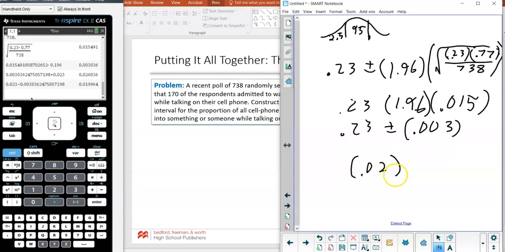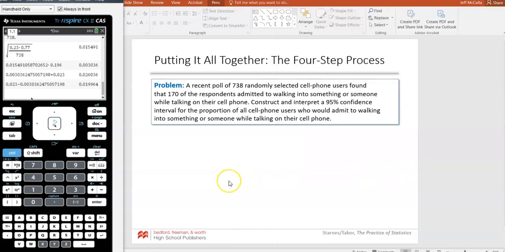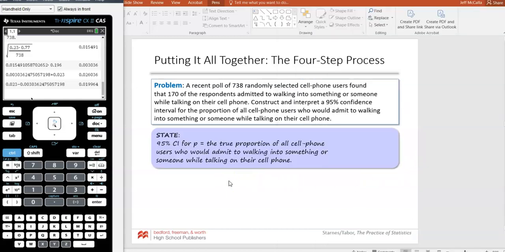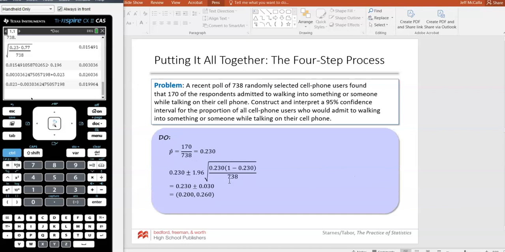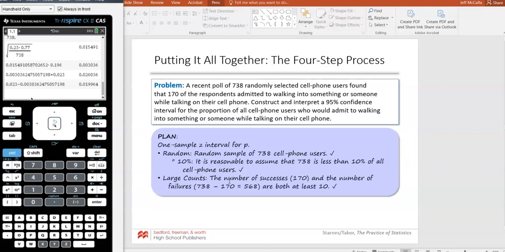I'm going to say 0.02, and an upper bound of 0.026. Let's see if we got 0.02 to 0.026. Check the conditions. I think that's what I got.